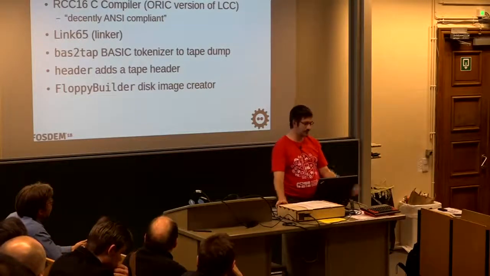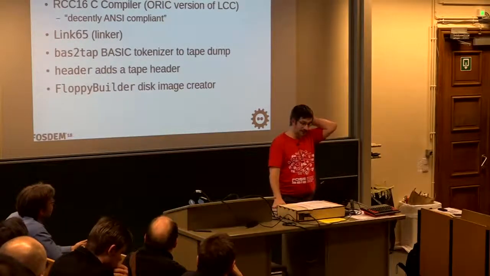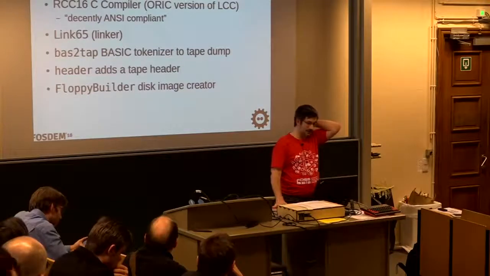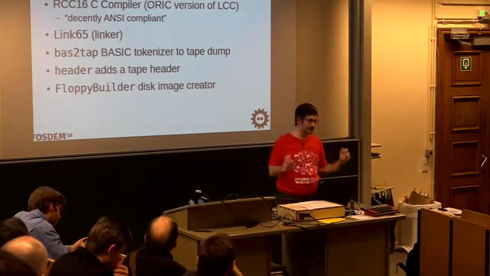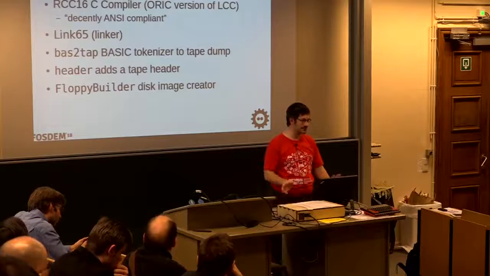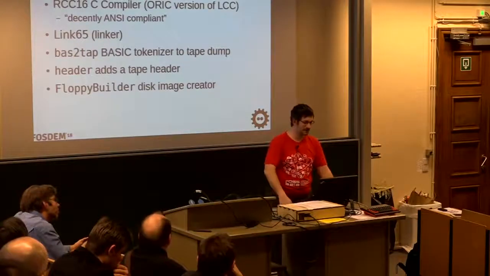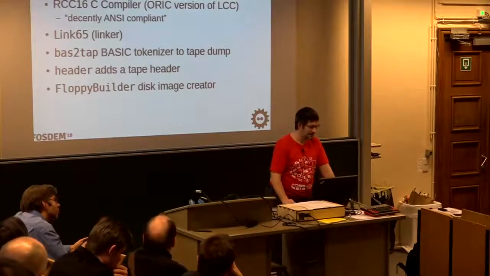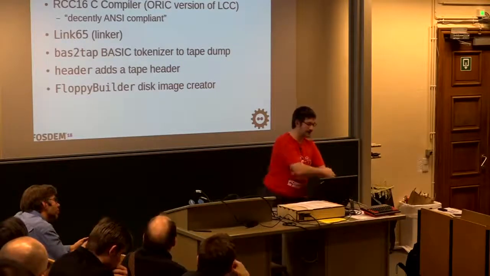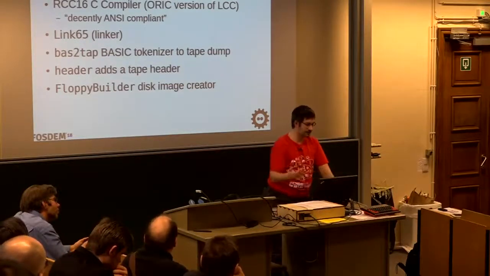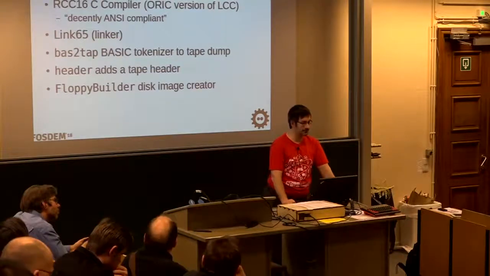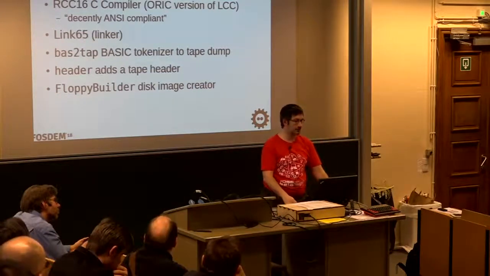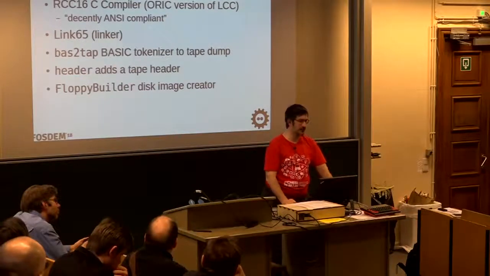It has several tools: the assembler, of course, and the C compiler. It's decently ANSI compliant. Sometimes it does weird stuff, so you have to change the syntax, and then it just works. And a linker, which just produces the binary, and some other tools that you can use to convert a text file to a tokenized BASIC and read it as a tape file.